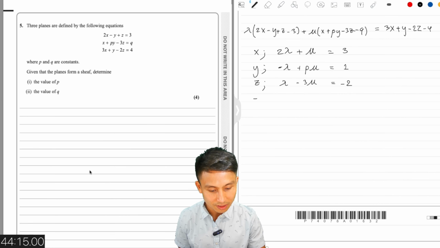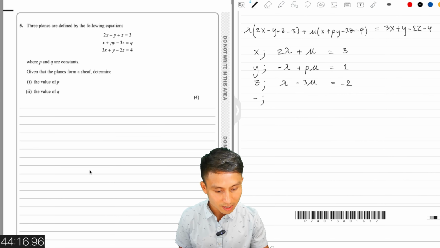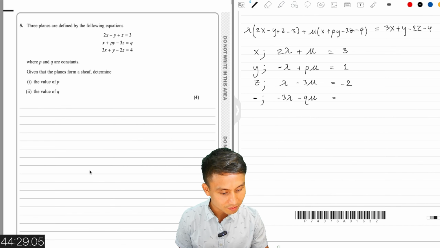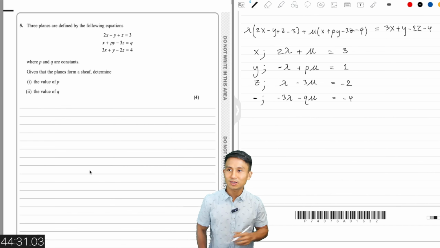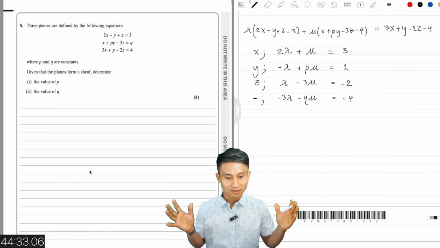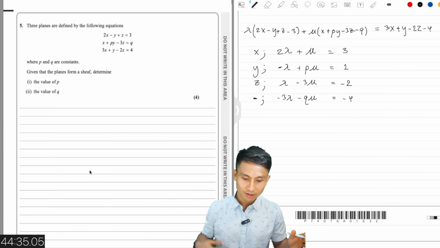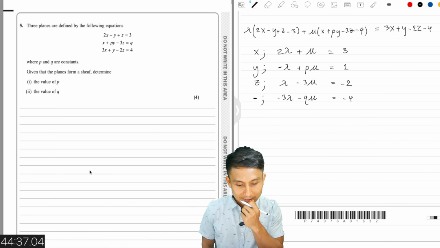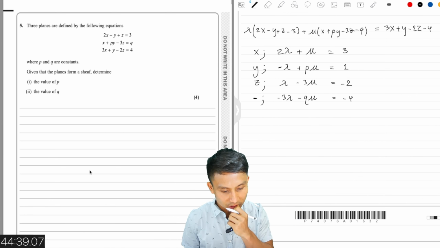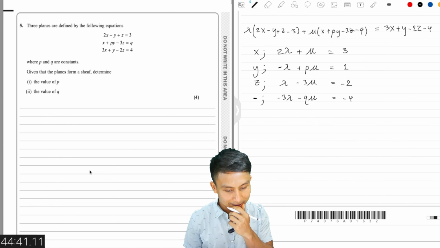And then the constant, minus 3 lambda from the first bracket and minus q mu from the second bracket and minus 4 here. Basically, you need to solve these 4 equations. All right. It's probably not too obvious to do, but I mean, you can try that.